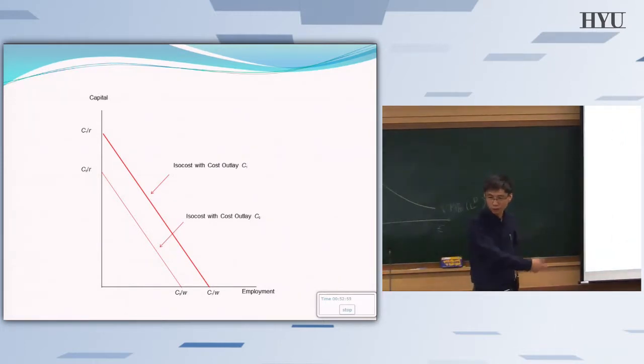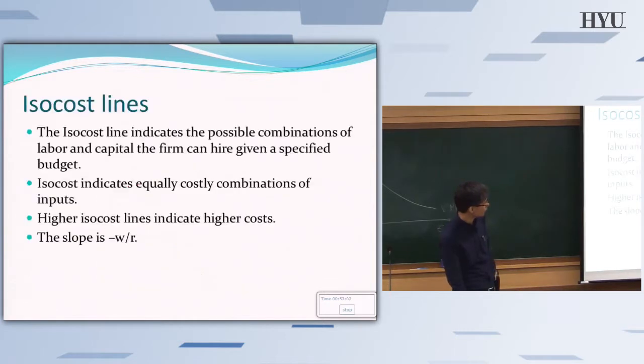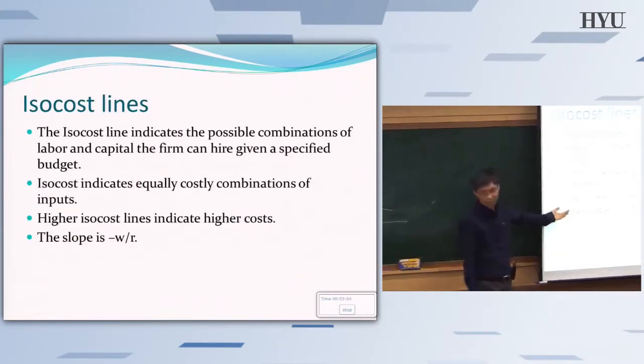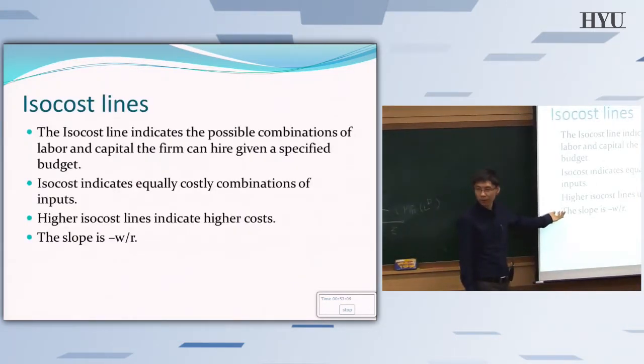So the slope is 1/10 in this case, and it's negatively sloped, obviously. But anyway, W over R. Question?